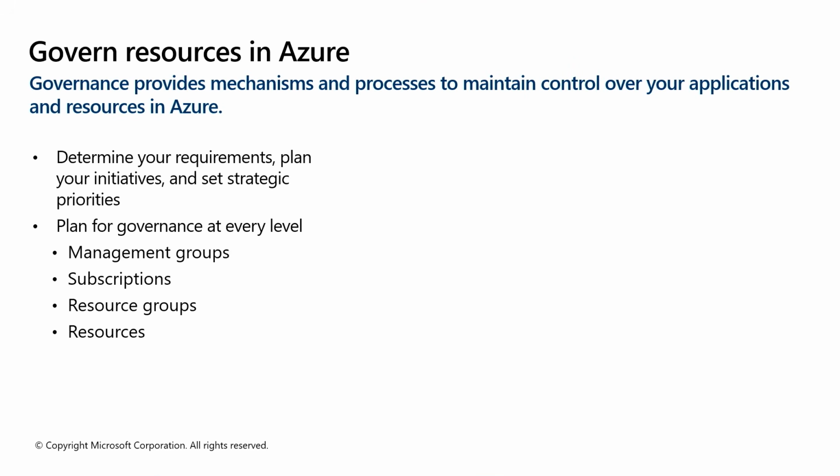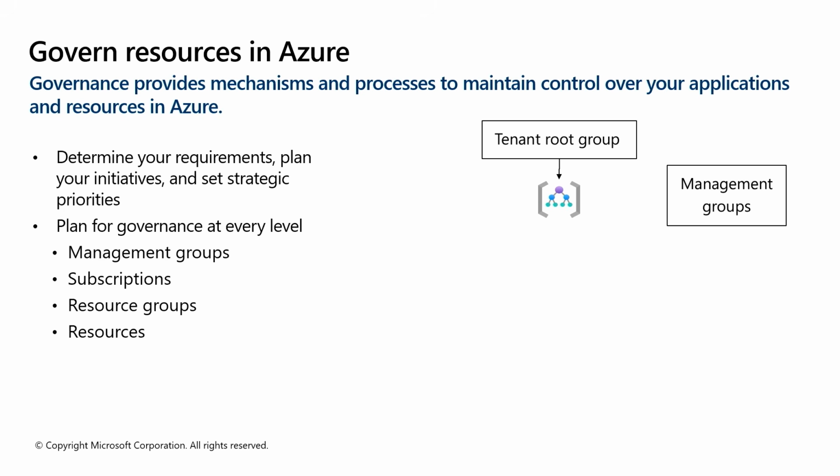The Azure Resource Manager is built for scoped management, enabling you to control and organize resources at various levels. Under our Entra tenant, we have an optional layer called management groups. They help us manage policies, access, and compliance across multiple subscriptions.